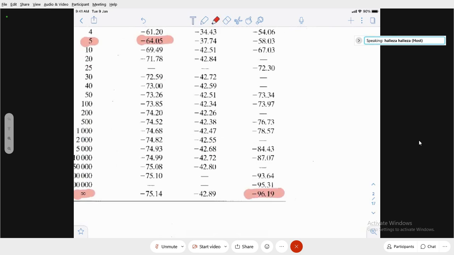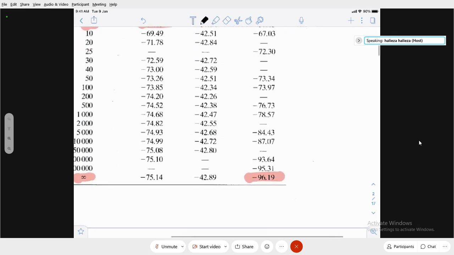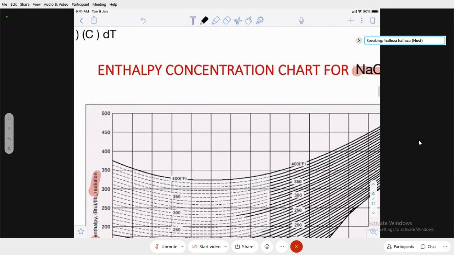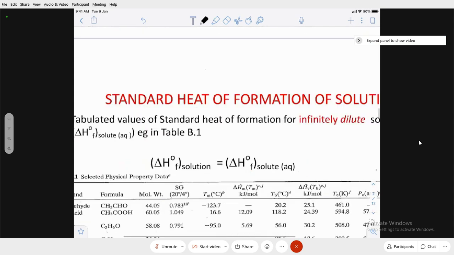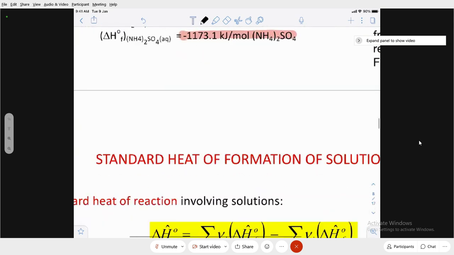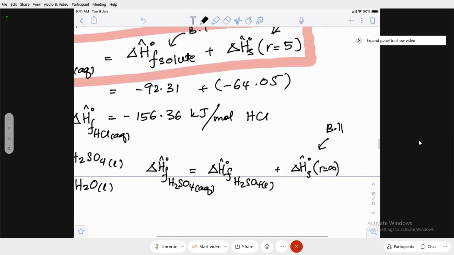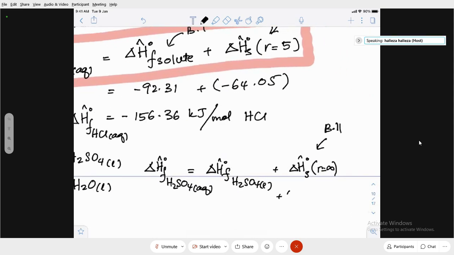Okay, minus 96.19. So that's minus 96.19, and I'm going to substitute that value. Plus minus 96.19. My heat of formation of sulfuric acid, I should get that from B1. So that's liquid sulfuric acid.